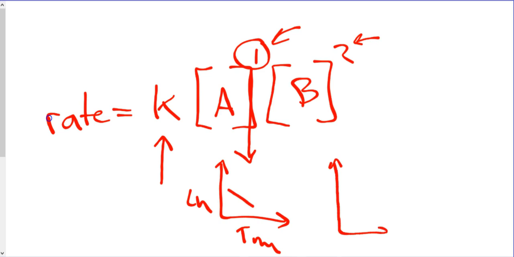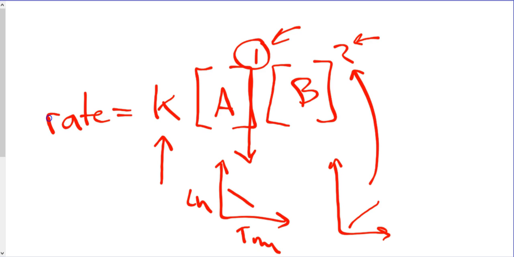If it's not, we'll do another test, and if it's linear, then it will be second. So we can use this to find the entire rate law, and then once we know the rate law, we can do other calculations from that.